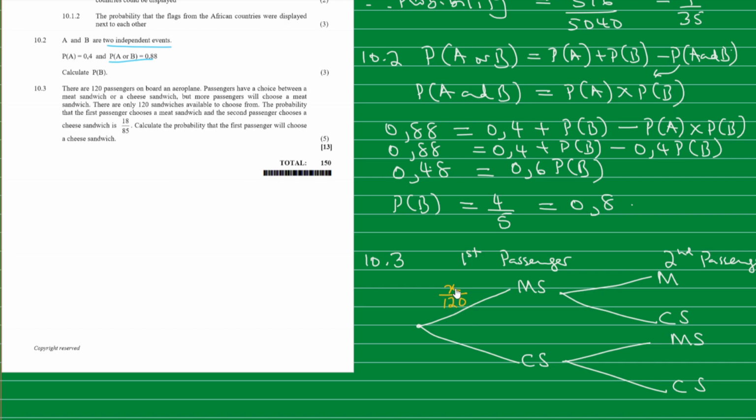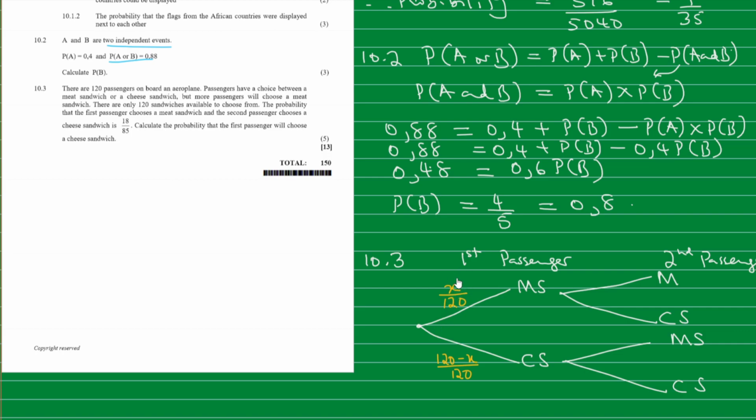So if there are X passengers who choose a meat sandwich, the remainder, which is 120 minus X over 120, will be choosing cheese. We are given a clue here that more passengers will choose a meat sandwich, so the number who choose MS is greater than the number who choose CS.